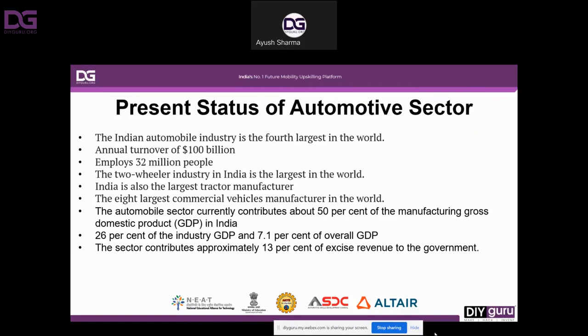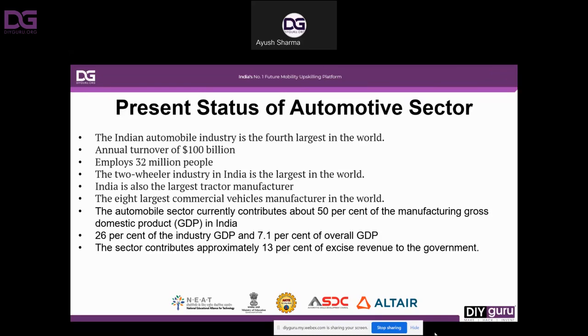And it is also important that India is the largest tractor manufacturer. So this is the scenario we are having in India, how the automotive sector is impacting the world. India is also the eighth largest commercial vehicle manufacturer in the world. So this is the status of the automotive sector in India.